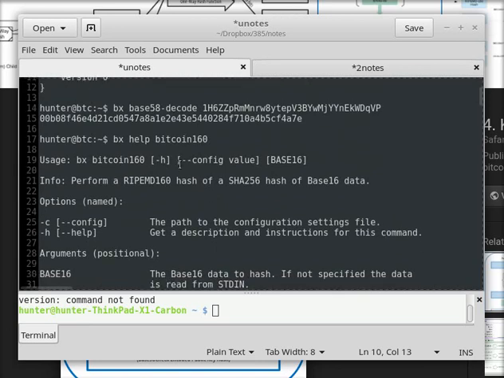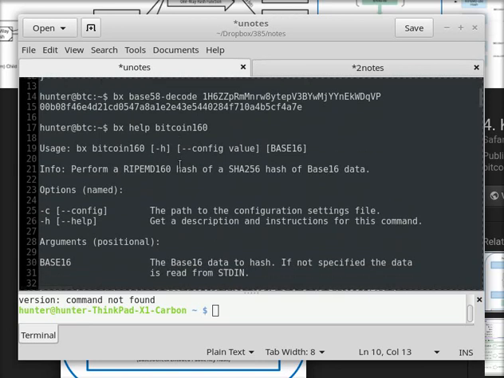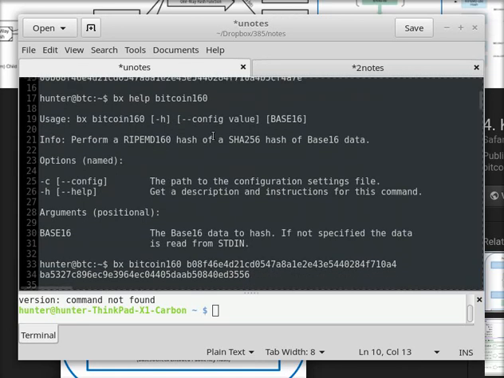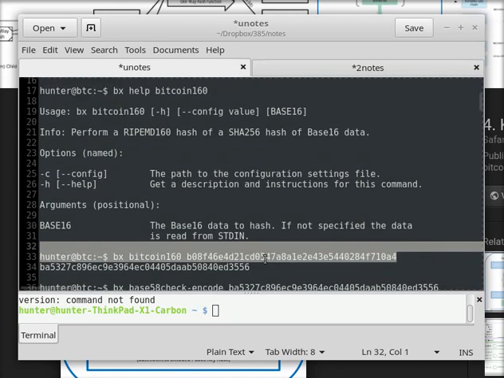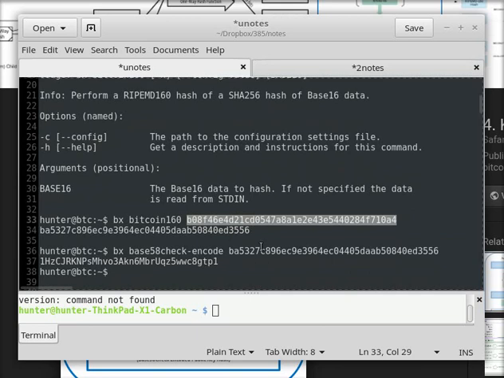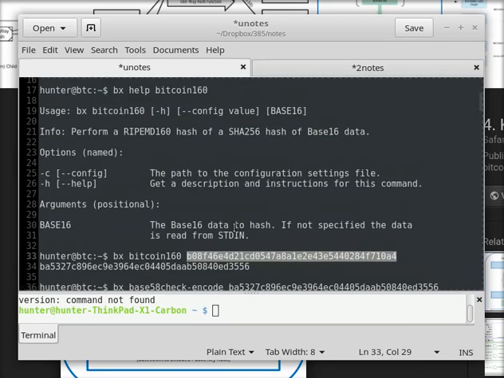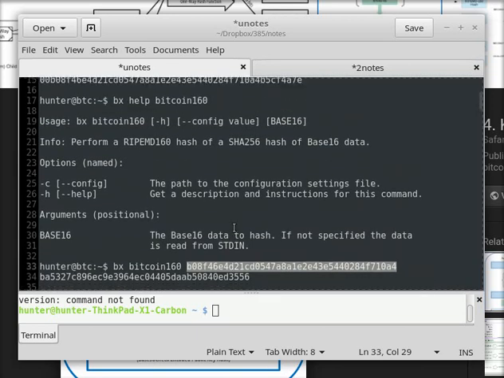Here I use bx help to show you what this does. So this is just RIPEMD composed with SHA-256. So if I apply this to the hash of the public key, it will take it back to, now I'm confused.